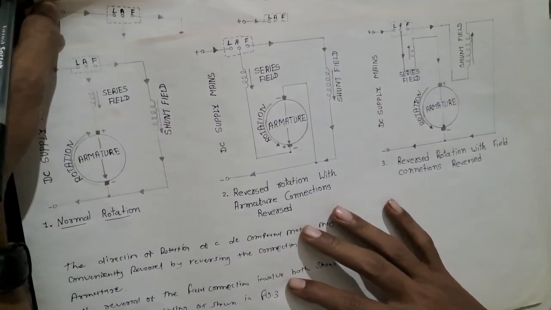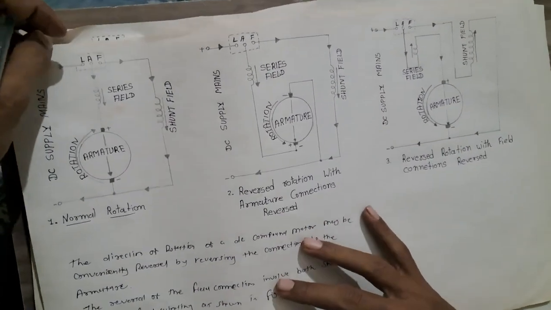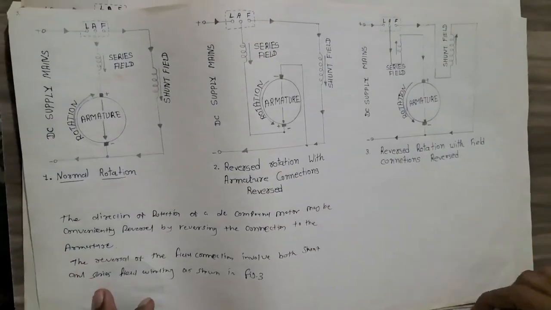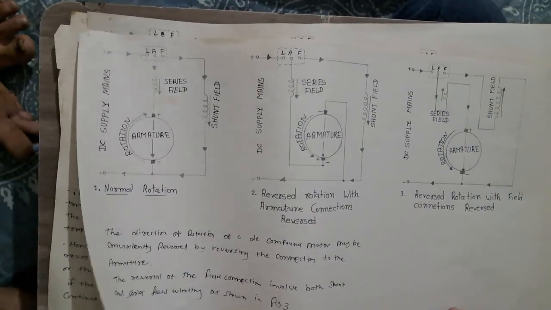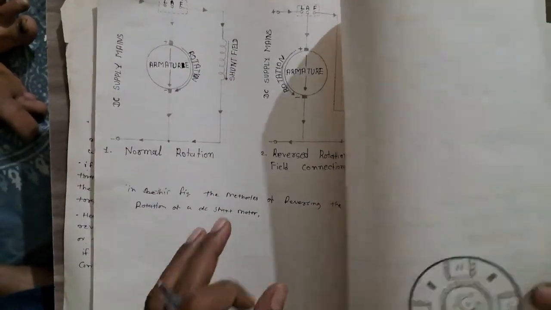So our point is complete: the direction of rotation of DC motors is complete.